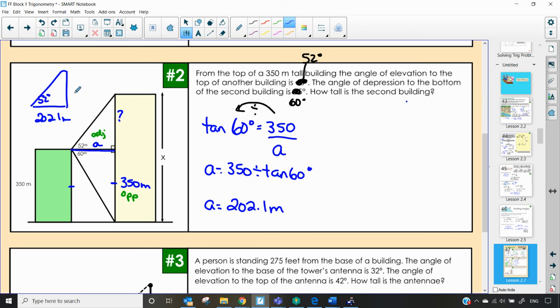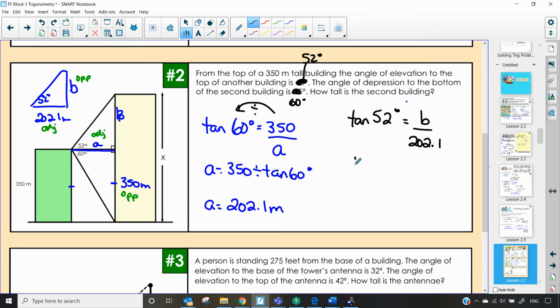I know this is 52 degrees, and I'm looking for this value here, so we'll call that B. Labeling my triangle, I again have opposite and adjacent. So setting up my ratio, I'm going to have tan of 52 degrees equals opposite, which is B, over adjacent, which is that 202.1.